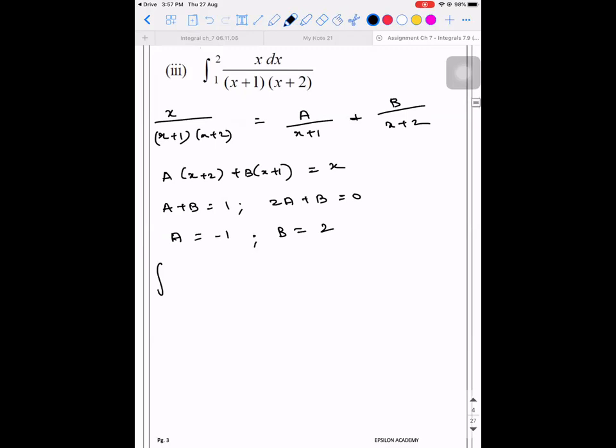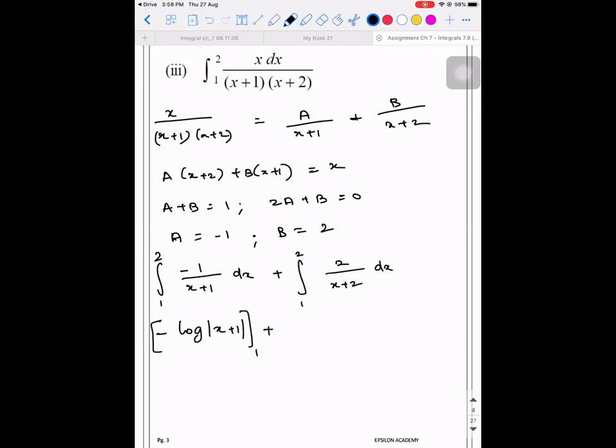So integral of minus 1 divided by x plus 1 dx plus integral of 2 divided by x plus 2 dx. So integral of minus 1 by x plus 1 is minus log of x plus 1, plus 2 log of x plus 2.